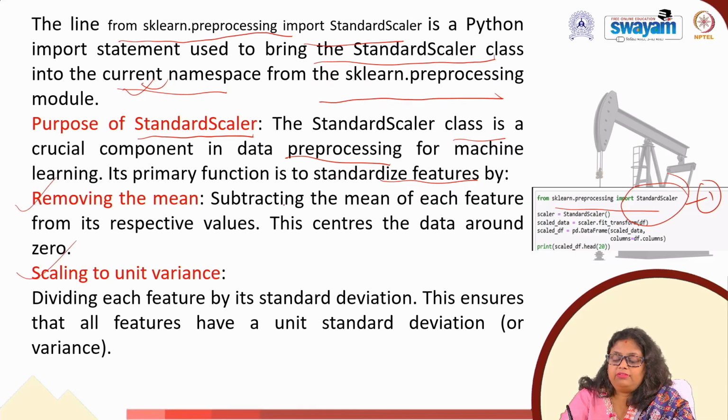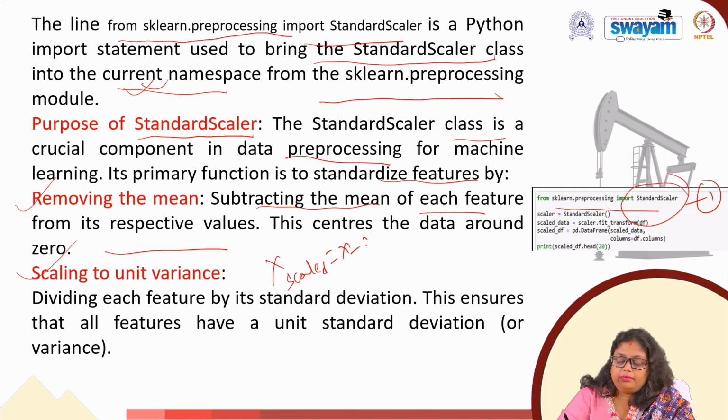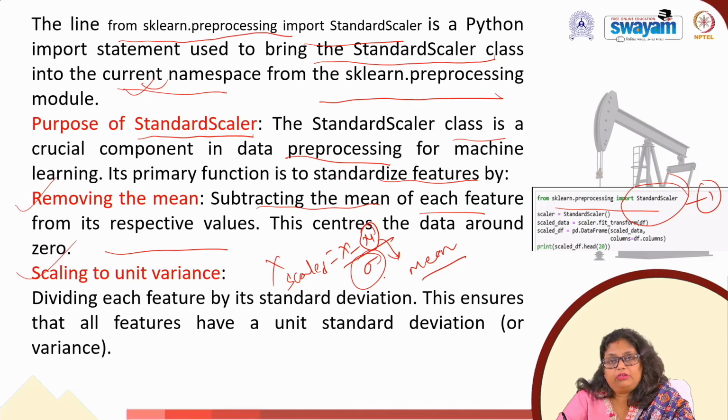So how are we doing that? Subtracting the mean of each feature from its respective value. What is the formula? If we write the scaled value, it is x minus mu, divided by the standard deviation. What is mu? It is nothing but the mean of each feature, and sigma is the standard deviation.